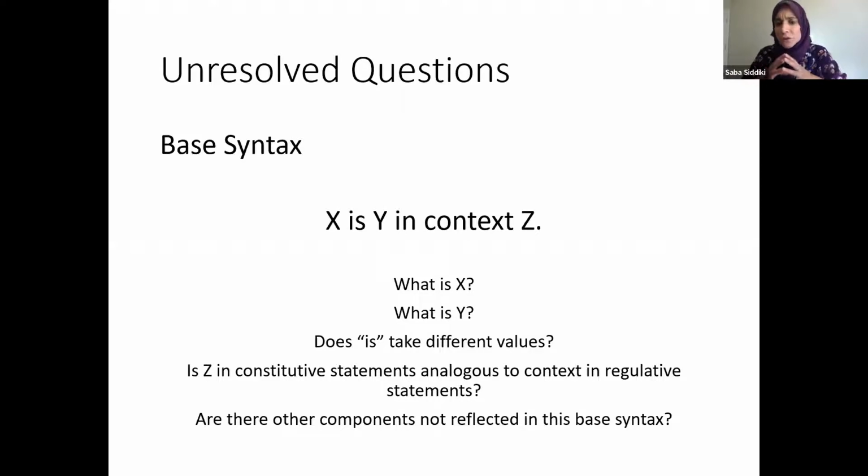We were curious to know, does "is" take different values, and what kinds of values does "is" take in the context of different statements? The context Z: we were curious to know if this Z in constitutive statements is analogous to context in regulative statements. And the final question that we were left with from our initial coding exercise was, are there other components that are commonly reflected in constitutive statements, but that are not reflected in this base syntax?